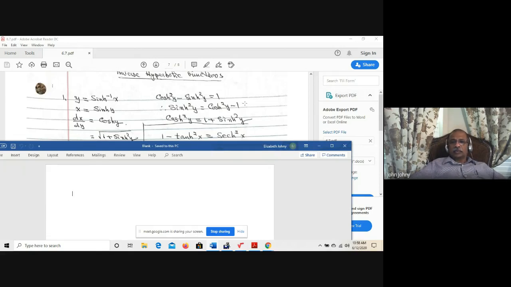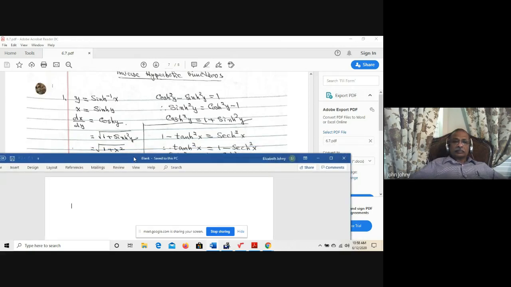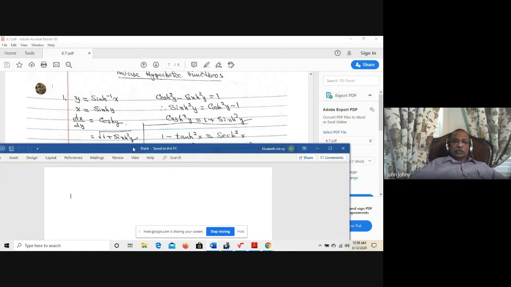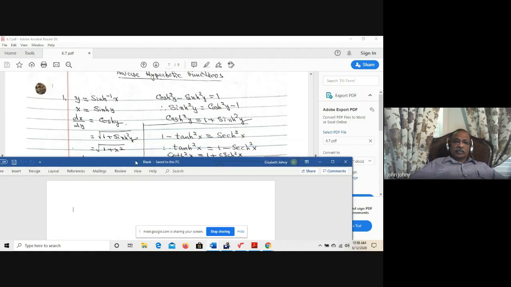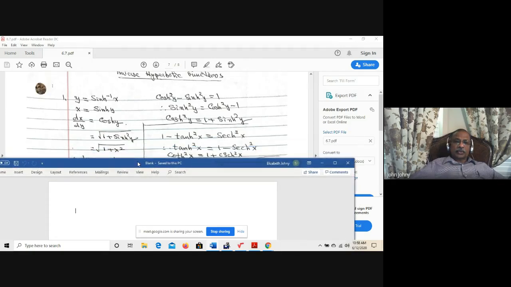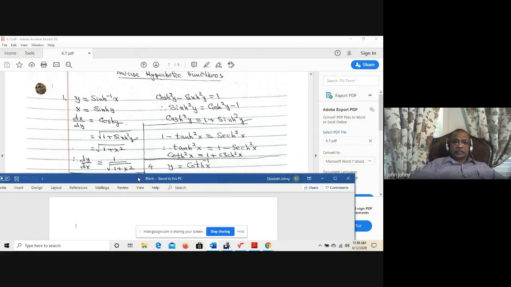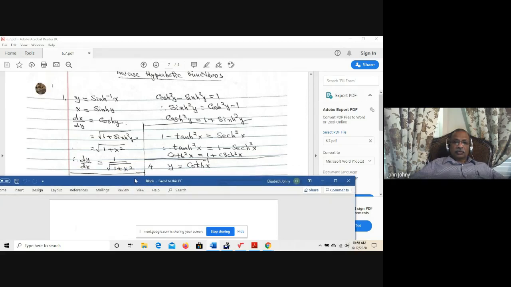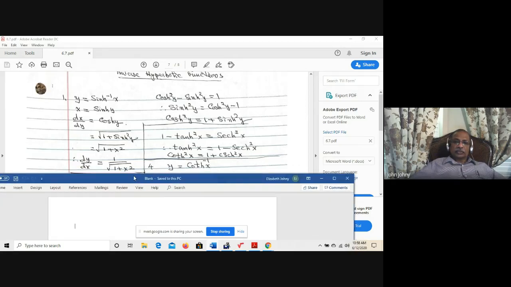So sinh squared y is cosh squared y minus 1, and also cosh squared y is 1 plus sinh squared y. So this is the square root of 1 plus sinh squared y, that is the square root of 1 plus x squared. Therefore dy over dx is 1 over the square root of 1 plus x squared.